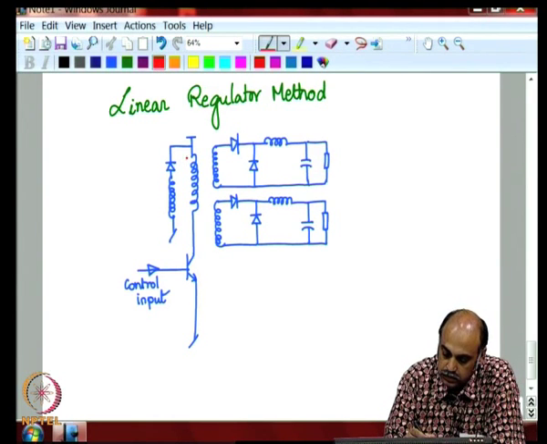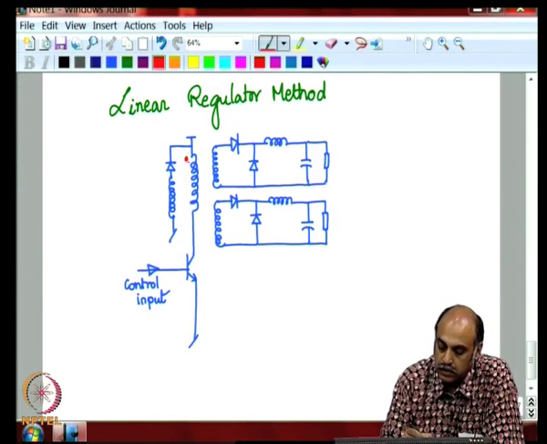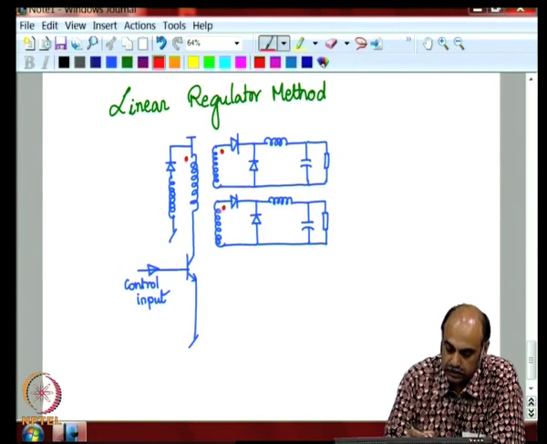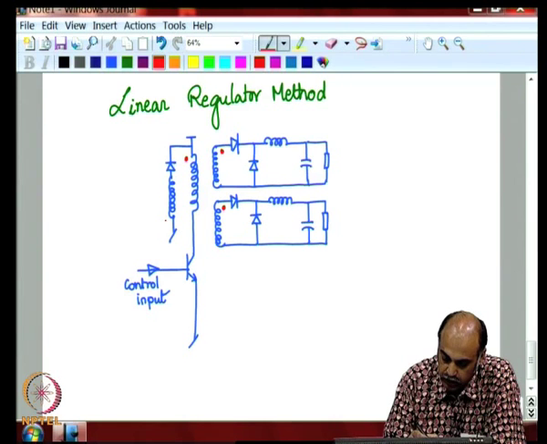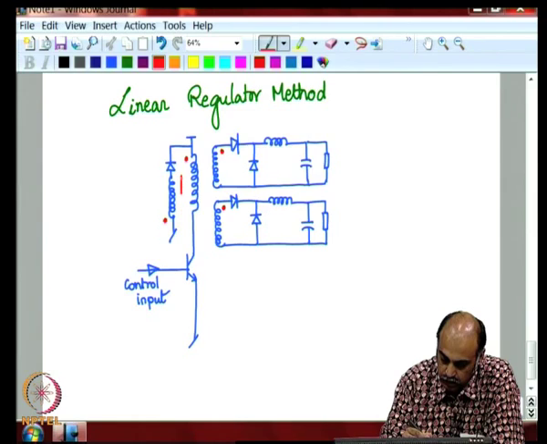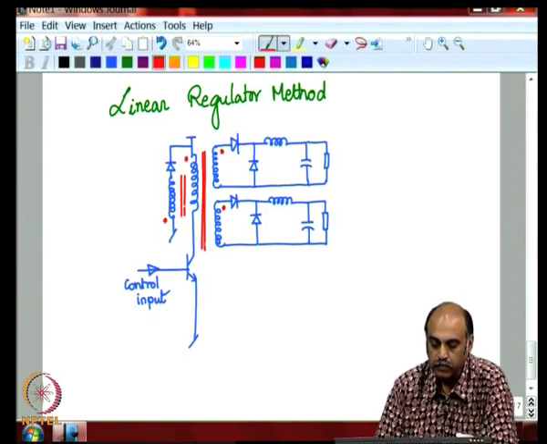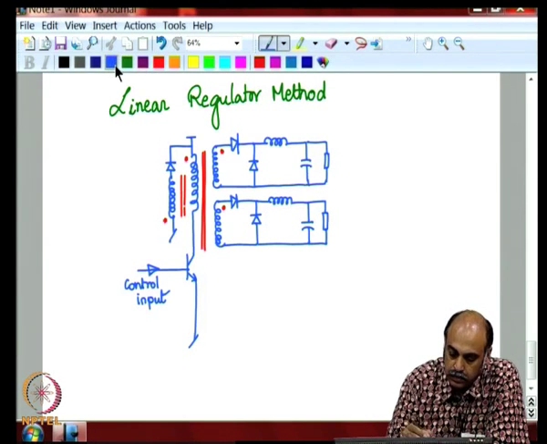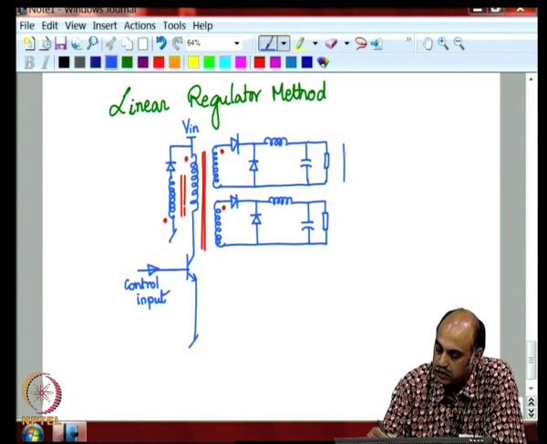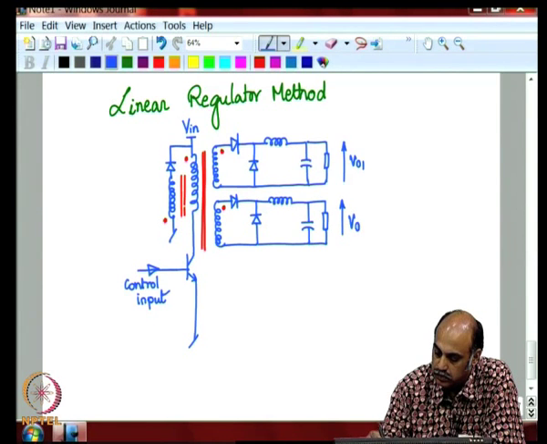Dot polarities in the forward case are like that. Refer back to your class. Be careful, the dot polarity of this is in the opposite. All are on the same core, and this is V in, this is V naught 1, V naught 2.